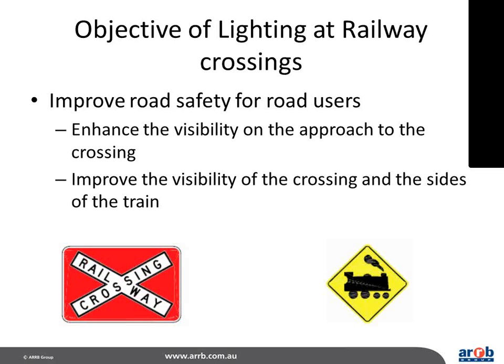As he approaches the crossing, he'll clearly be able to see that it's a crossing in the road ahead. And if there's a train traveling across the crossing, he will be able to clearly see the sides of the train. That will give him greater opportunity to slow down on approach and stop to give way to the train. So overall, lighting the approach and the crossing helps to improve road safety at night at railway crossings.